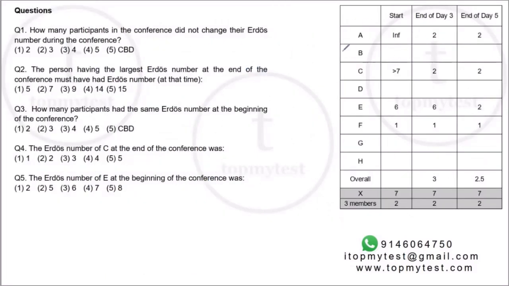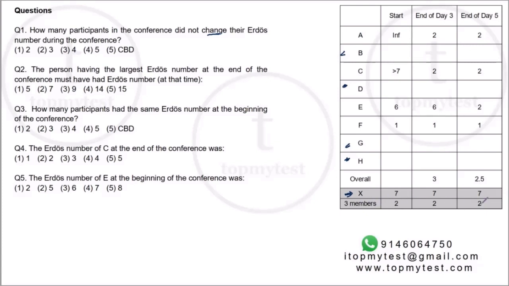Okay, I have written this down neatly. X is that person. It has to be one out of H, G, D, and B. The other three have 2s throughout. Okay, let's go to the question. First one: how many participants in the conference did not change their Erdos number through the conference? Now let's see whose numbers have changed. X's number remains 7 throughout.